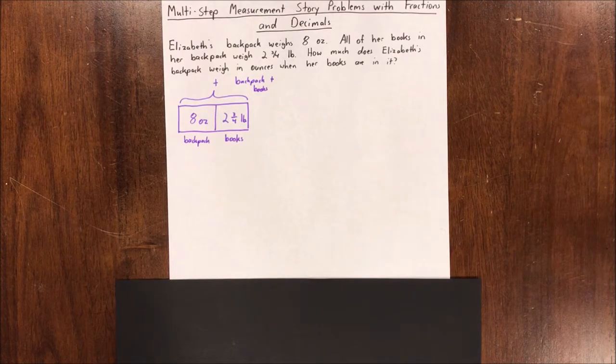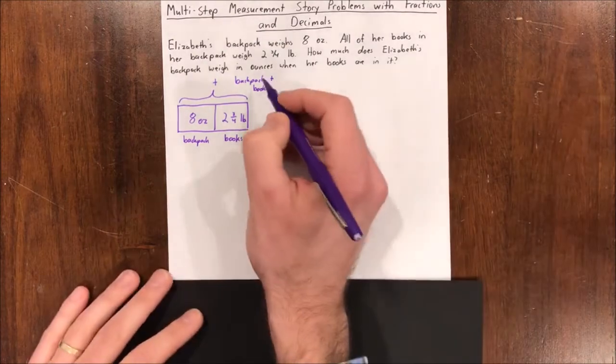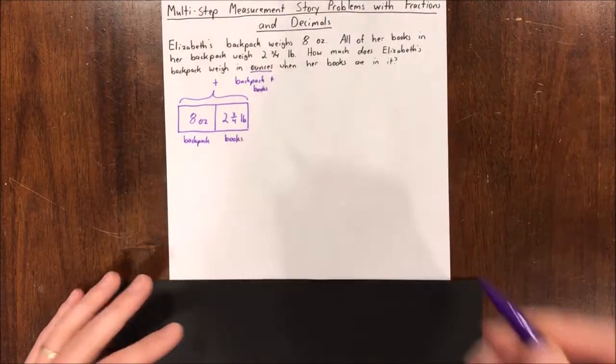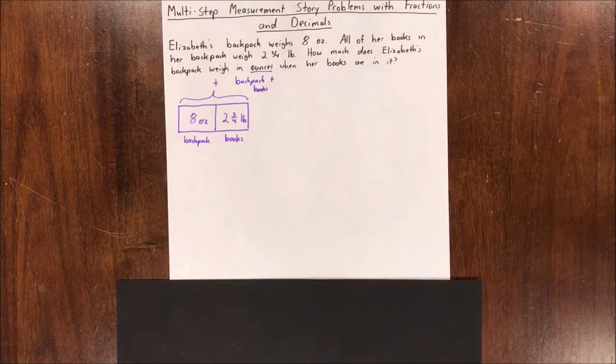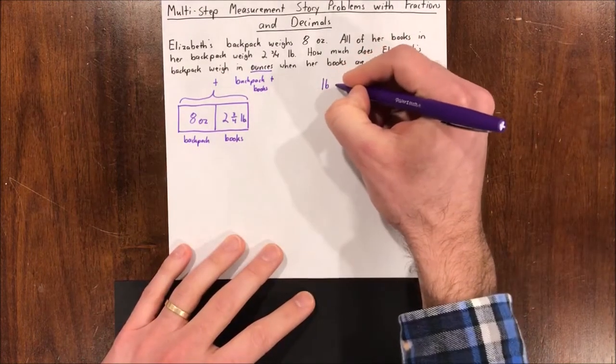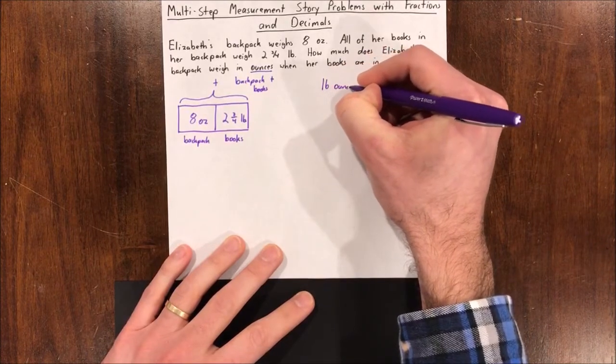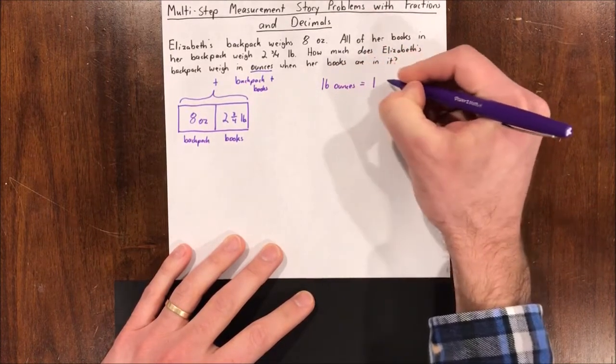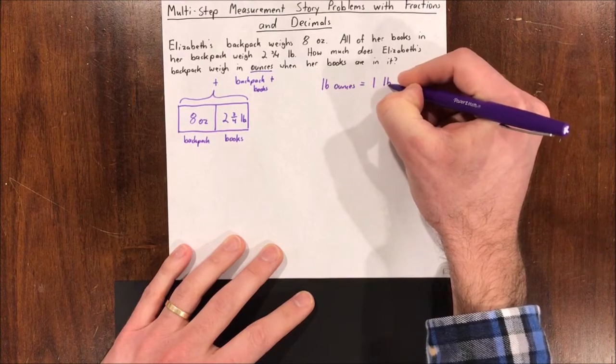Right, we're going to go from pounds to ounces because the problem asks us what is the weight in ounces of that backpack with the books in it. And what ratio are we going to use to help us convert? Say it out loud. Yes. 16 ounces in 1 pound.